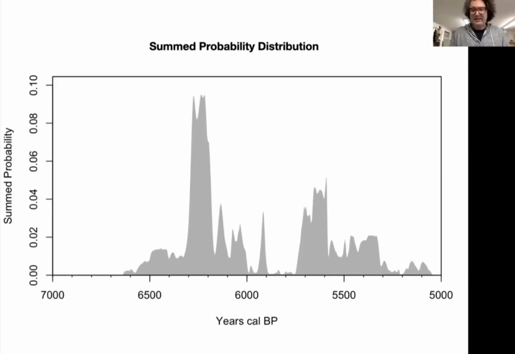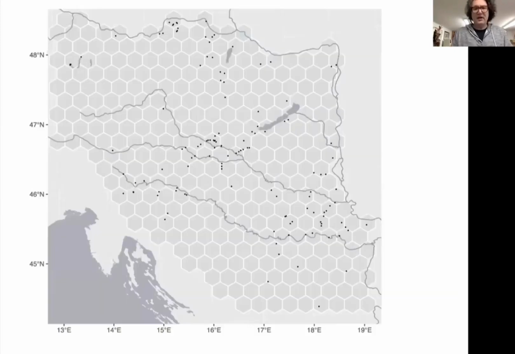In this case study, I aggregated the radiocarbon dates within grid cells. I divided the study area into 320 grid cells, I think, each covering around 520 square kilometers.